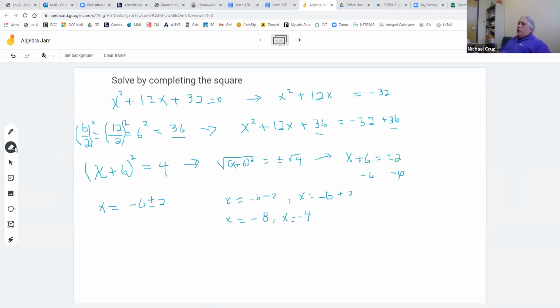All right, let me go ahead and just erase. So this right here always holds true, that the way you find the number that's going to complete your perfect square is you take half of b and square it.